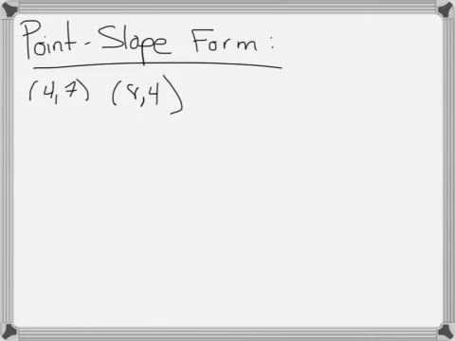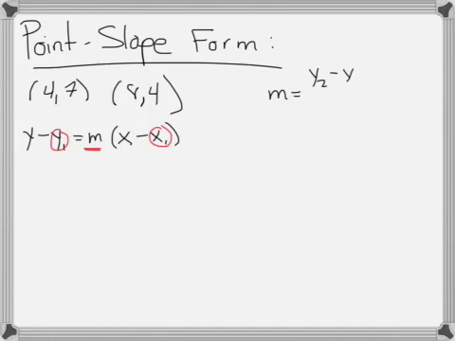Point-slope form is just y minus y1 is equal to m times x minus x1. So the things you need to know: you need a point with an x1 and a y1, and a slope. So let's figure out that slope first. We can calculate the slope between 2 points very easily by using y2 minus y1 divided by x2 minus x1.